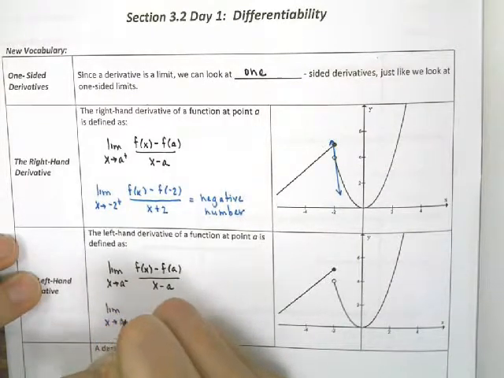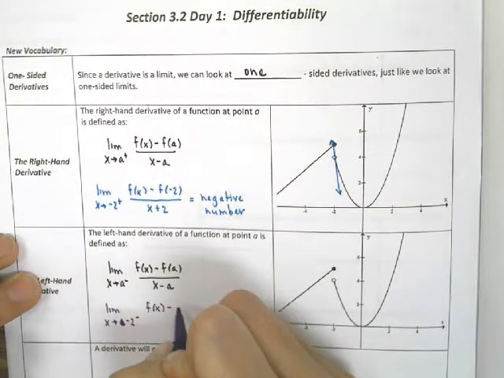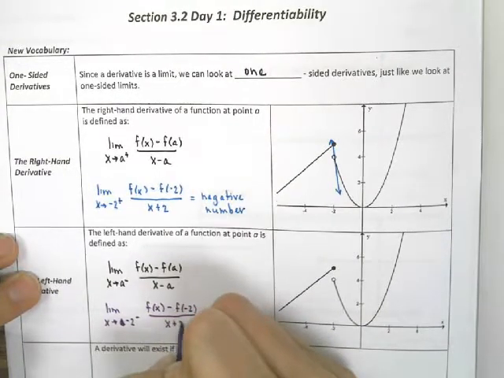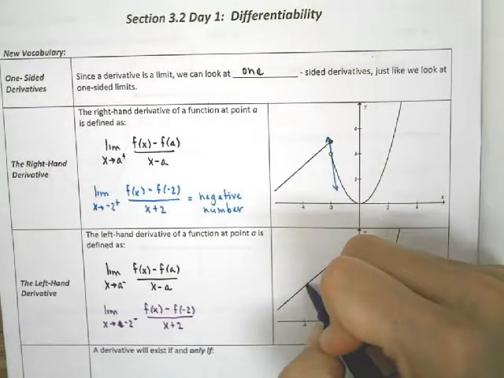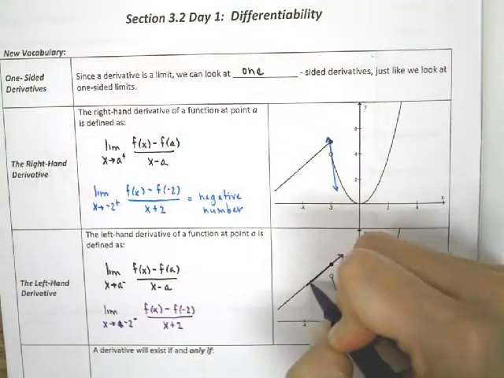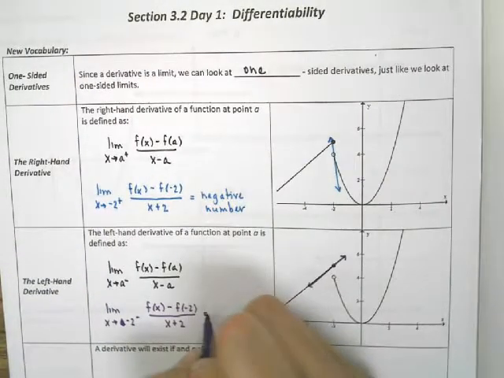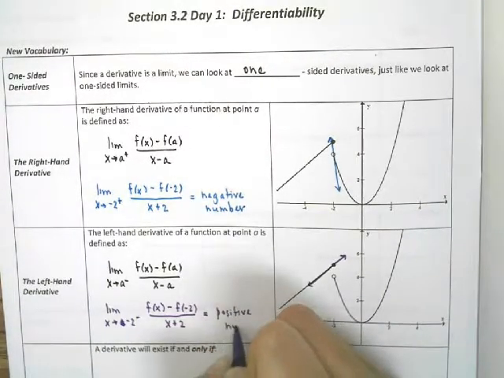I'm going to look at the limit as x approaches negative 2 from the left of f of x minus f of negative 2 all over x plus 2. Here, this is just linear, so that tangent is going to be the same linear function. And so that slope is obviously positive, so that's going to be a positive number.